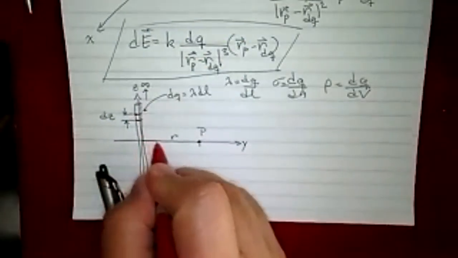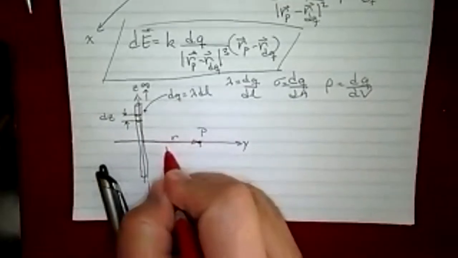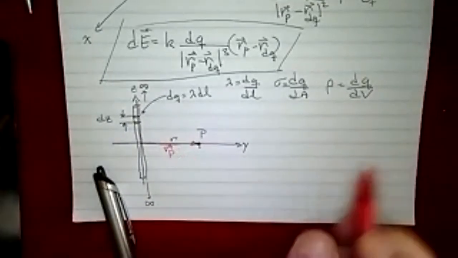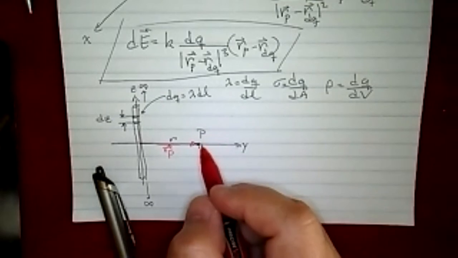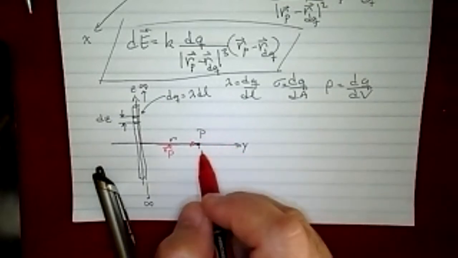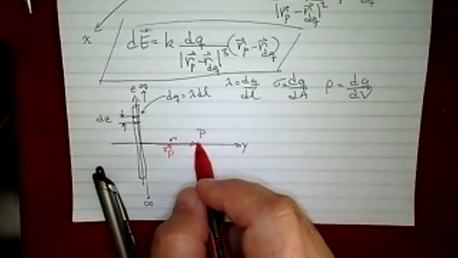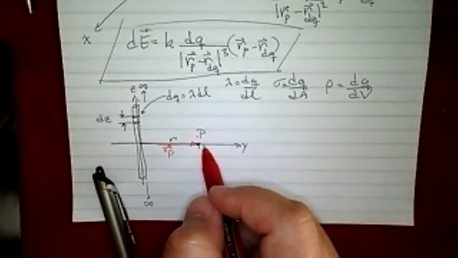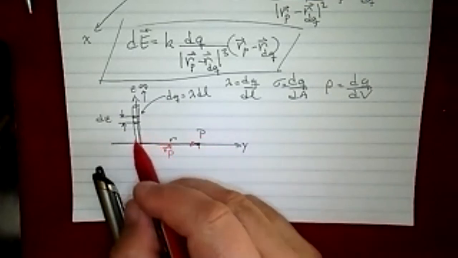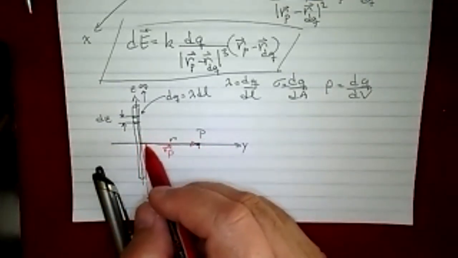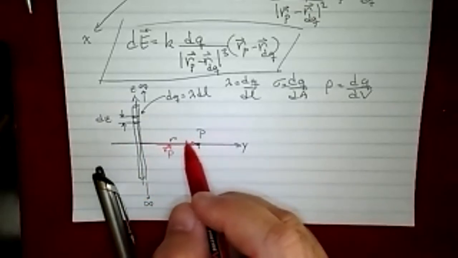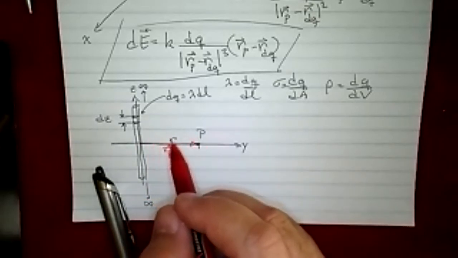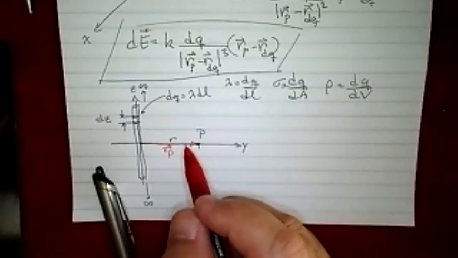So first off, r_P is this vector right here. And you should know that one way to find a vector is you pretend that the final point is x final, y final, z final, and the initial point is x initial, comma, y initial, comma, z initial. If you just subtract those coordinates, then the answer in each slot is the component.